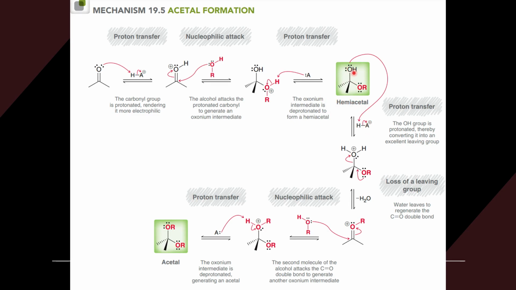That one is an OH, namely a hydroxy group, and the other substituent is going to be this OR group right here. So the acetal is the geminal dialkoxy, and the hemiacetal is a hydroxy on one side, and then half of the acetal on the other side. So that's important to distinguish hemiacetal and acetal.